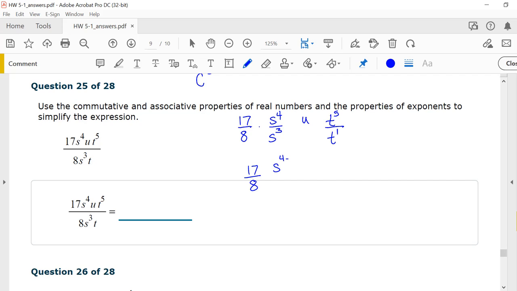S to the 4 over s to the 3 is s to the 4 minus 3. U, and then t to the 5 minus 1. So in the denominator, I just have 8. In the numerator, I have 17 s to the 1, u, t to the 4. I don't need to write that 1 as the exponent on the s, so there's my answer.